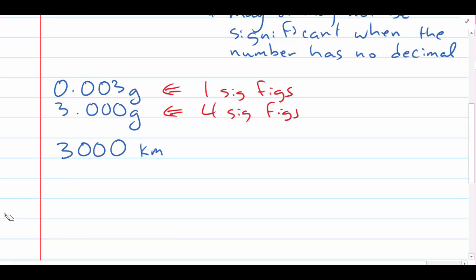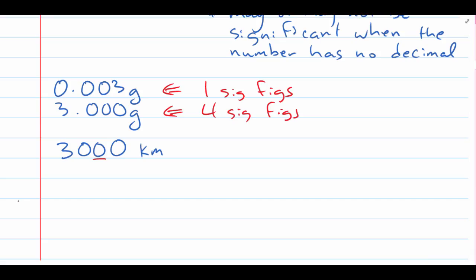But if I am pretty good with my geography, as I remember it being about 1,600 miles, then I would say that I'm pretty darn close out to the nearest 100. And if this is good to the nearest 100, then this measurement would have 2 significant figures. But again, if I got that ruler out and actually looked on the map and found out it's not 1,600 miles but about 1,680 miles, well now, if this is the uncertain digit, then this would have 3 significant figures.